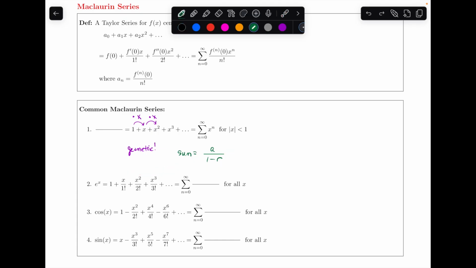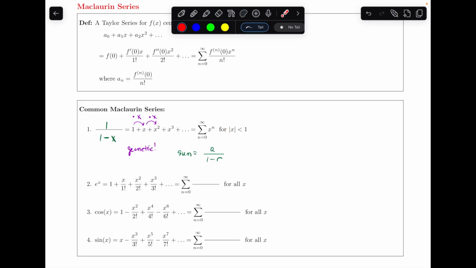Here a is 1, and the common ratio is x. And what that means is that this whole expansion, 1 plus x plus x squared and so on, just equals 1 over 1 minus x. That's a simple formula for what this whole expansion is, and that works as long as the absolute value of x is less than 1.